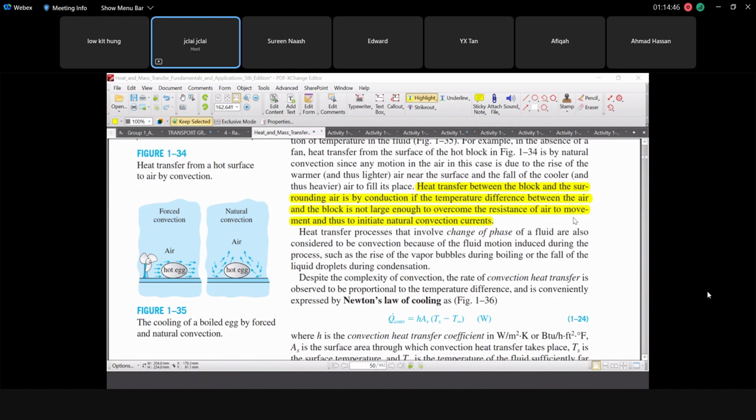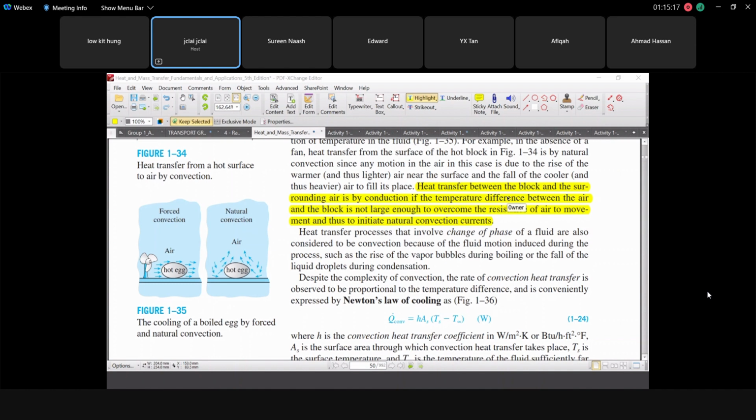You also learned in physics that there is resistance to movement. What do we call that? Inertia, right? Yes. So unless the temperature difference is large enough to move the air, the air tends to stay stagnant.